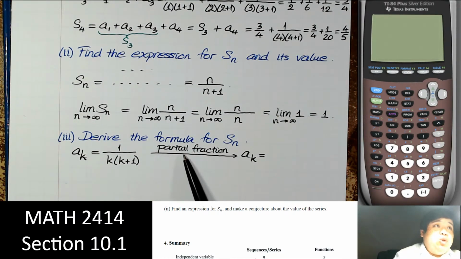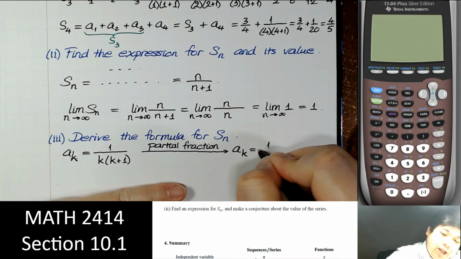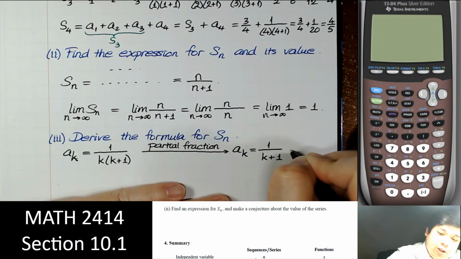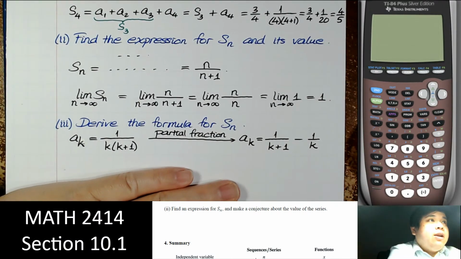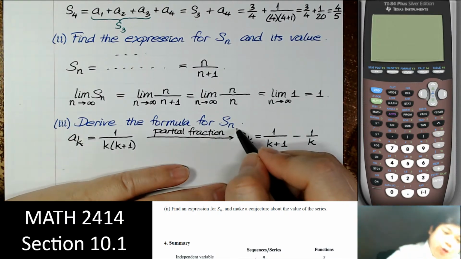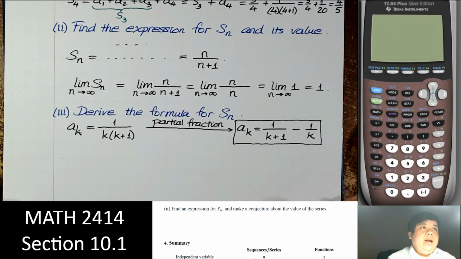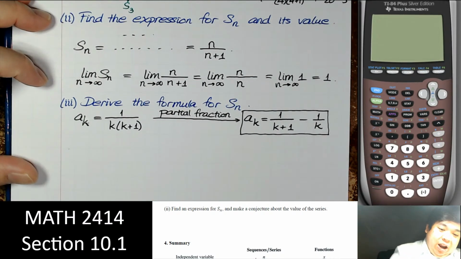It is very easy to do partial fractions of this, but if you do, we end up with 1 over k minus 1 over k plus 1. So if we do the partial fraction, we have that. I'm not going to write everything.